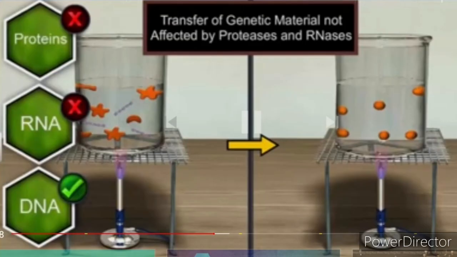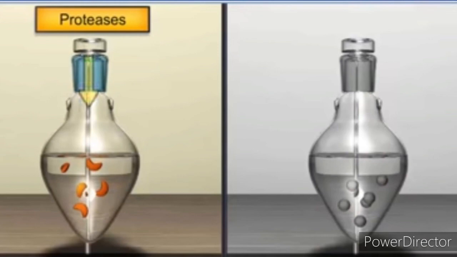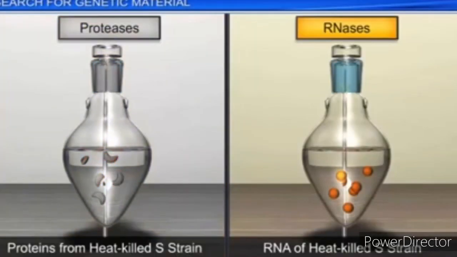They discovered that DNA alone from S bacteria caused R bacteria to become transformed. They also discovered that the protein digesting enzyme protease and the RNA digesting enzyme RNase did not affect transformation.